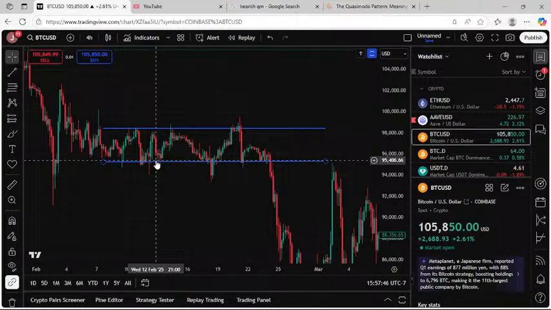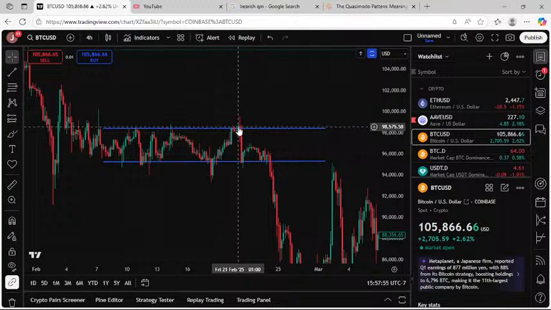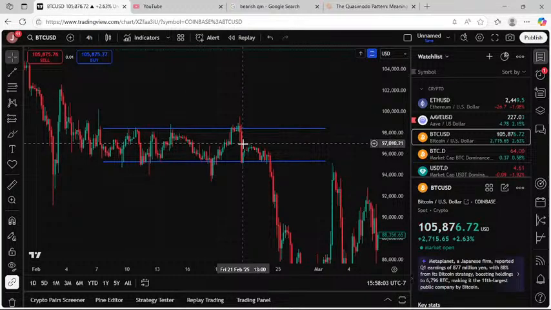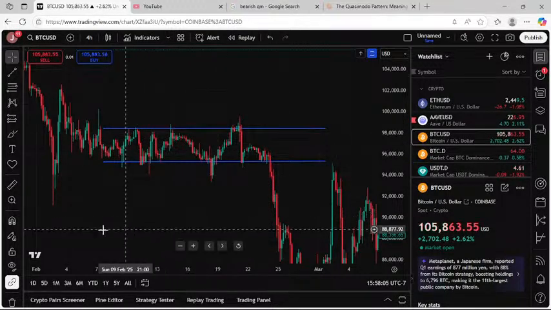When you see candles over the line, like up right here, these are more or less considered deviations, because you see how this one closed above resistance, went up a little bit, and then came back down into that range.